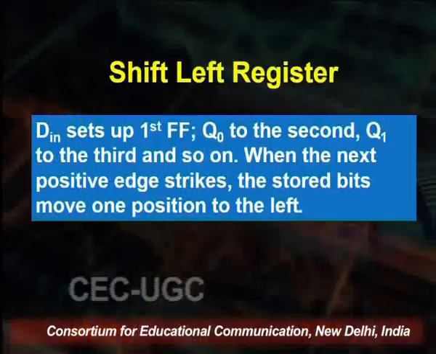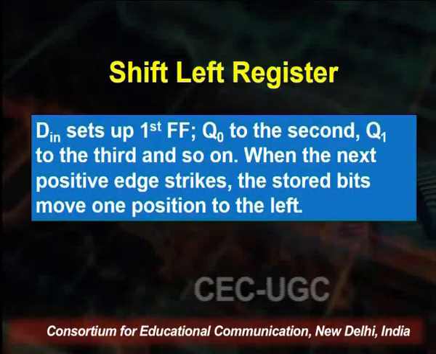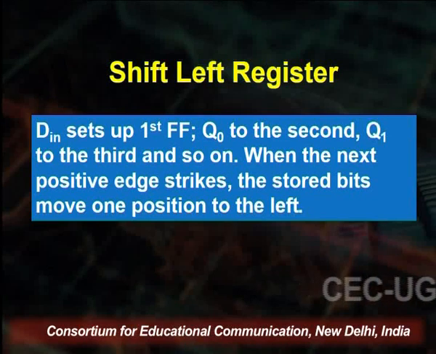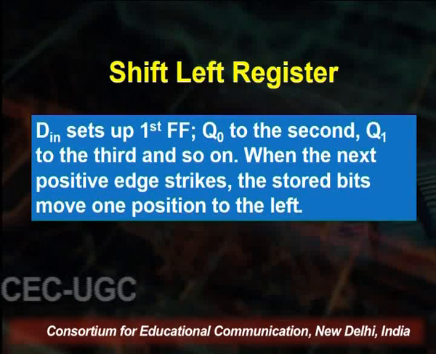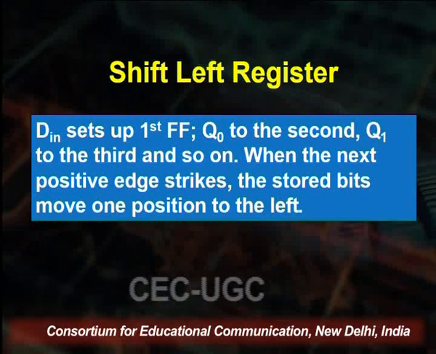So summarizing, we can say that the data input sets up the first flip-flop, Q0 to the second, Q1 to the third, and so on. So when the next positive edge strikes, the stored bits move one position to the left.